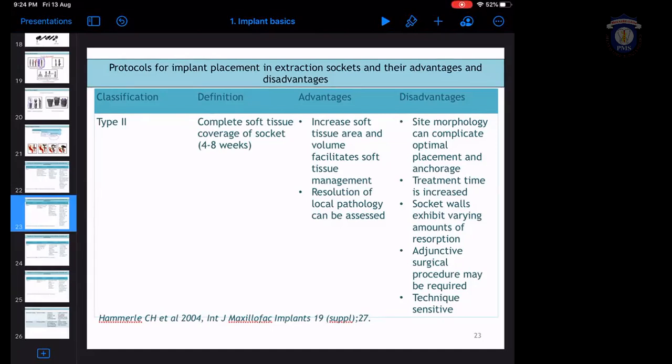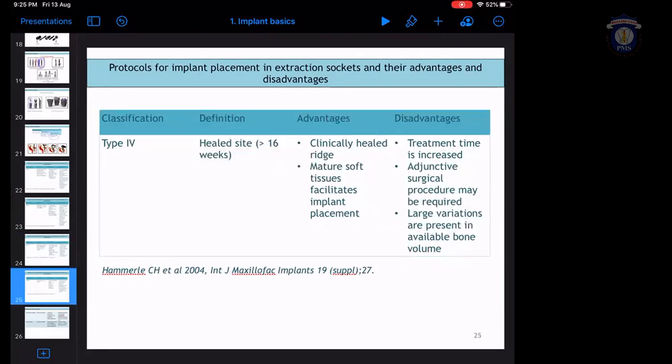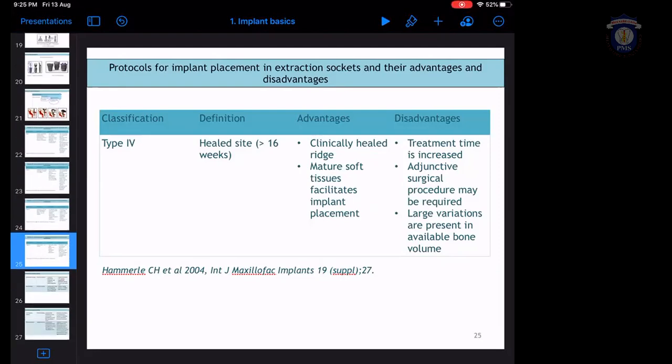We have to wait 4 to 8 weeks. Then type 3, with substantial clinical and radiographic bone filling, after 12 to 16 weeks. We have to check the radiographs, and if the bone is formed, we can place it. Type 4 is a completely healed site, completely bone formed, placing after bone formation, that is after 16 weeks.